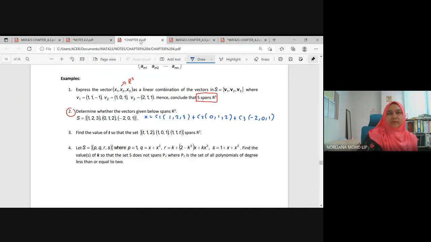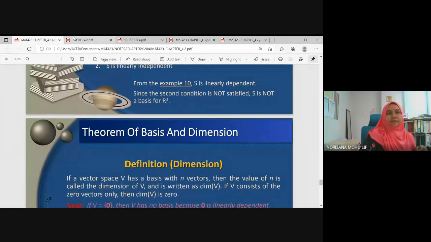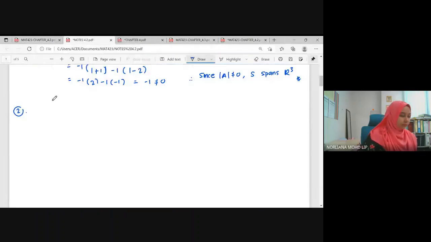Okay, berapa ni? Akan dapat dia punya square matrix apa? 1, 0. Boleh tadi masukkan X equal to C1, masukkan apa tadi? 1, 2, 3 plus C2, 0, 1, 2.